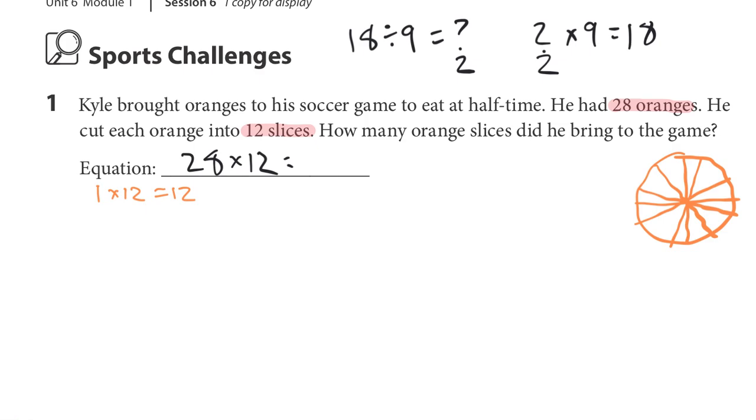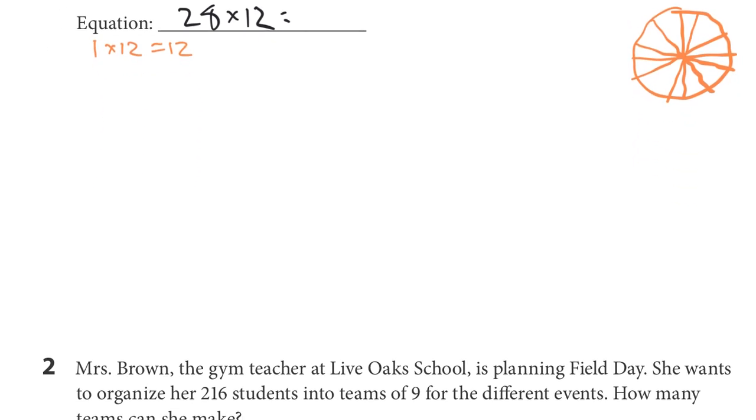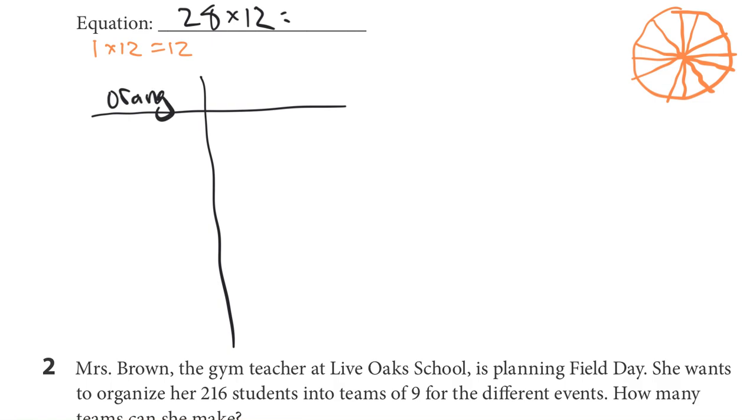For this, we can do a ratio table, and we can do an open array. So take a look at this. Let's do a vertical one today, because we've been doing a lot of horizontal ones. If you remember, the horizontal ones go like this. Let's do a different one today. So I'm going to split this up so that I have, let's say, oranges here, and I have slices here.